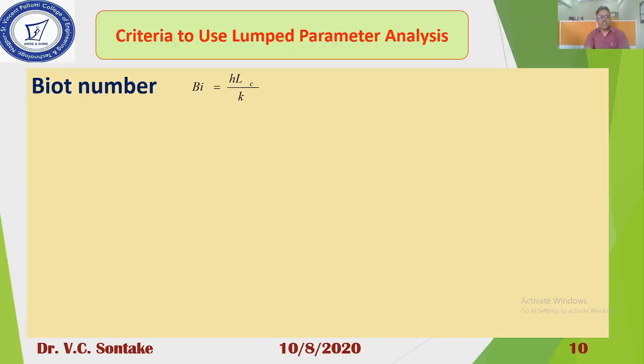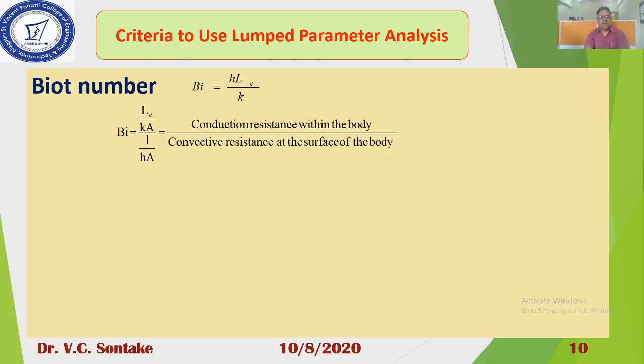It is nothing but hLc by k. It can also be defined as the ratio of internal conductance resistance of the body to the convective surface resistance of the surrounding. Please correct this: read surrounding in place of body and fluid.